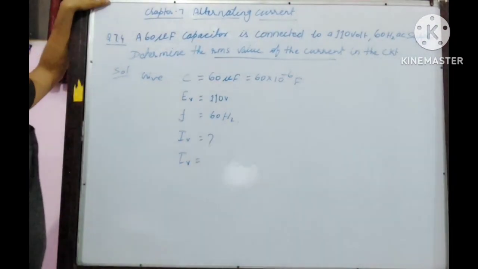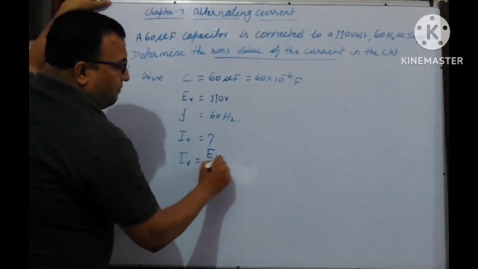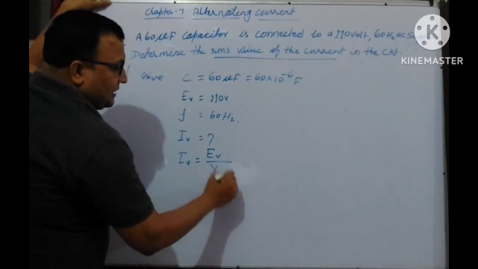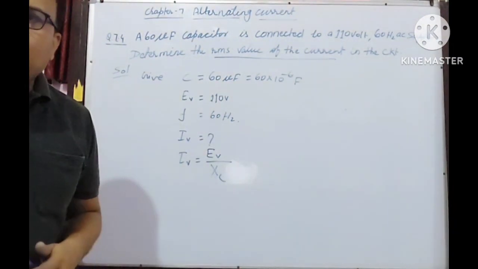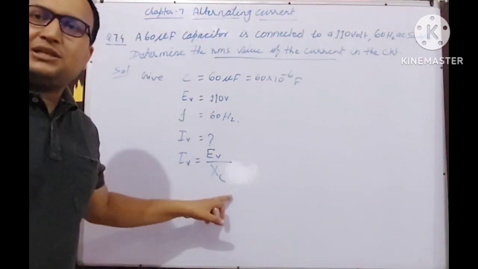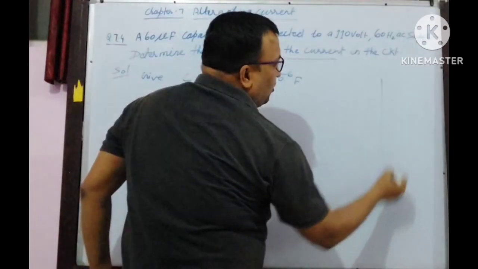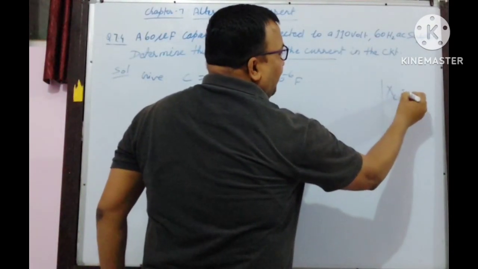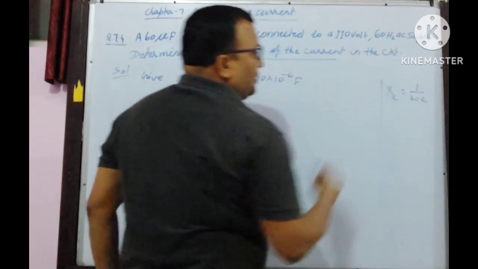IV equals EV by XC. Does anyone know the value of XC? XC is the capacitive reactance, and we already know that XC is 1 by omega into C.